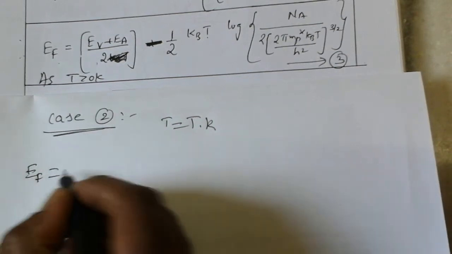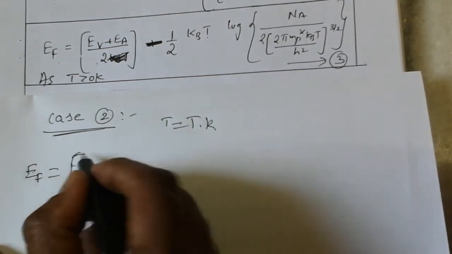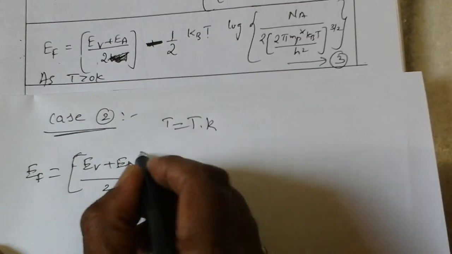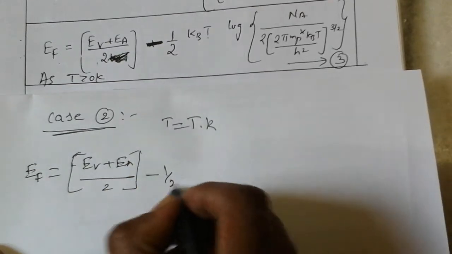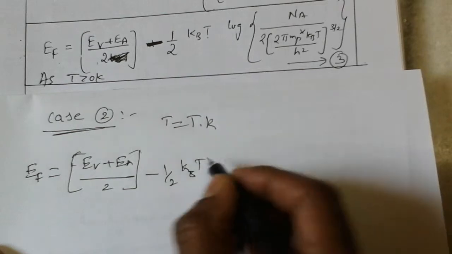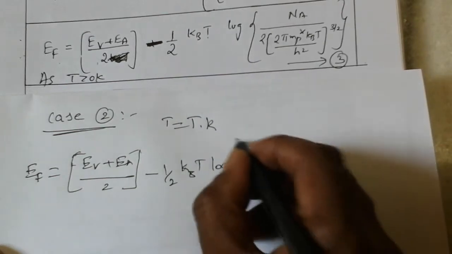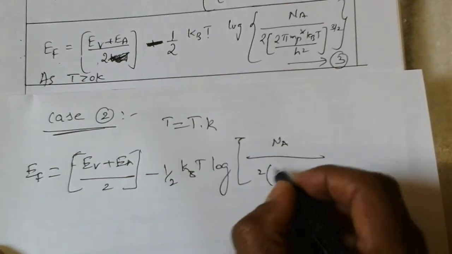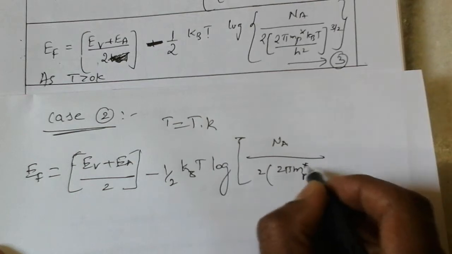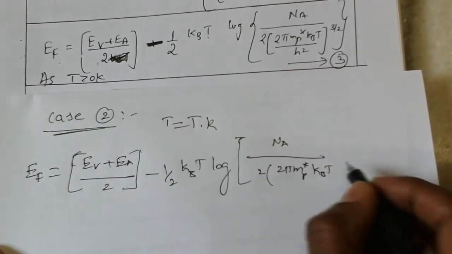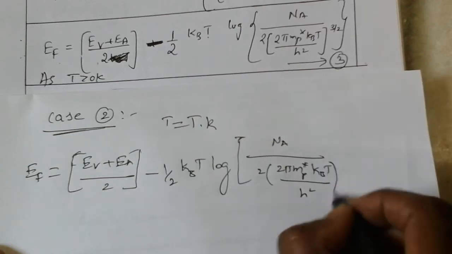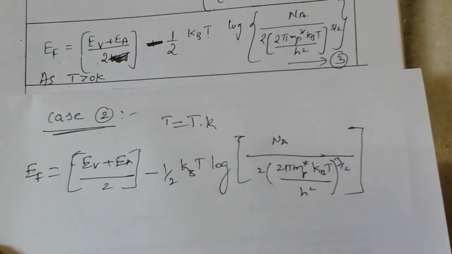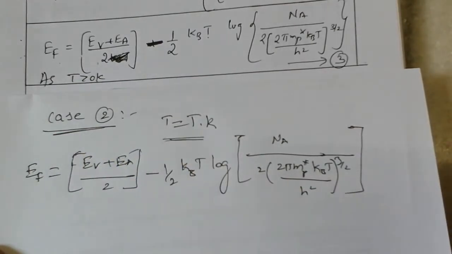EF is equal to EV plus EA by 2 minus 1 by 2 kBT log of NA by 2 into 2 pi MP star kBT by h square whole power 3 by 2. This is the value when T is equal to T Kelvin.